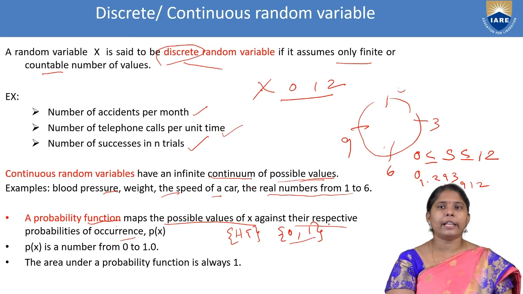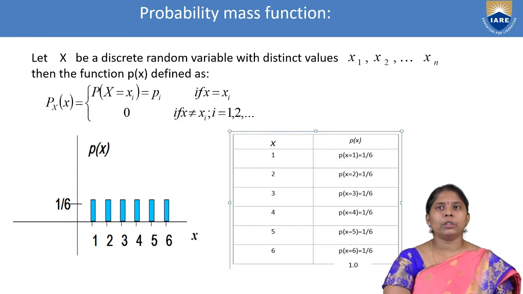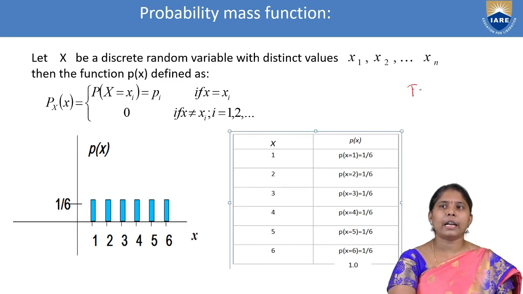The real values and their probabilities are represented by a function called the probability function. The area under a probability function is always 1, because probability values always lie between 0 and 1. Now we discuss the probability mass function. What is it? We have discrete random variables and continuous random variables.